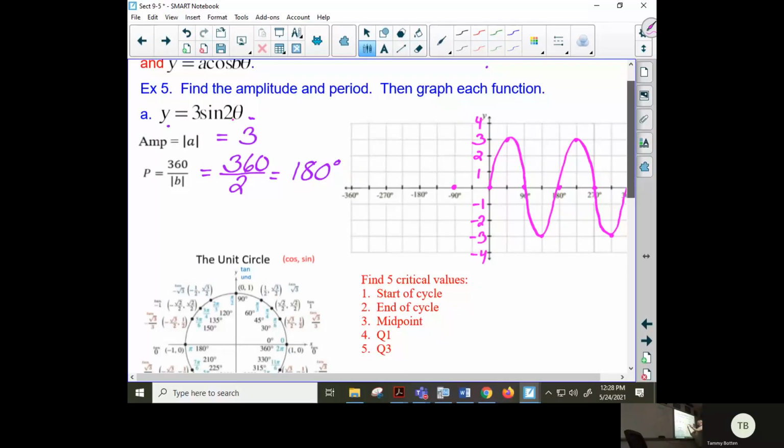We have an x-intercept at 90, 180, 270, 360. This would be up, this would be down, this would be up, this would be down. Is everybody okay with that? Okay.